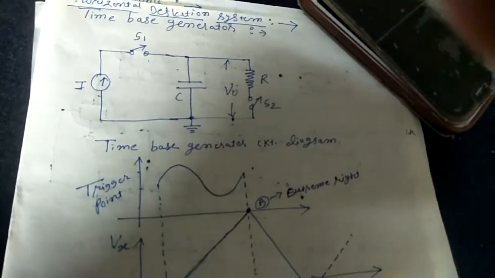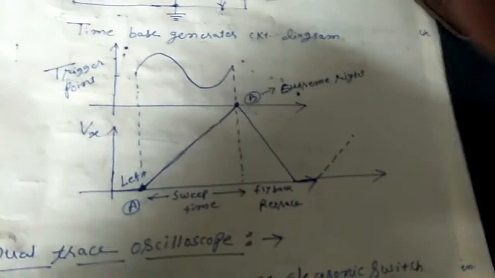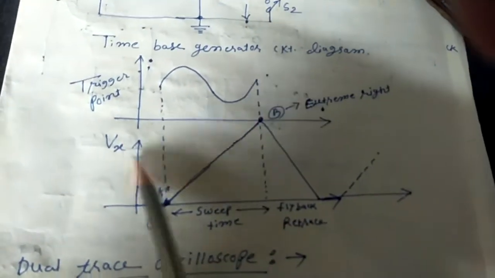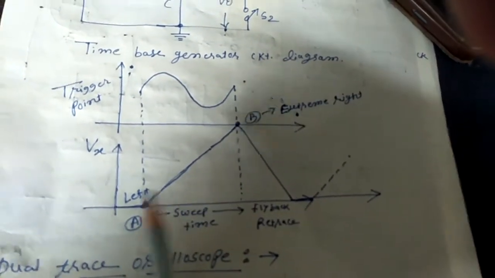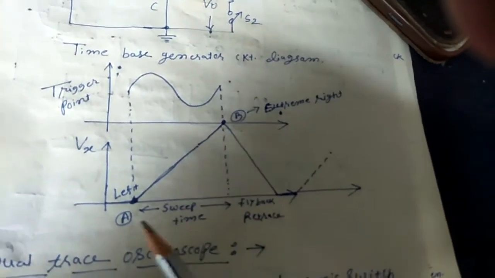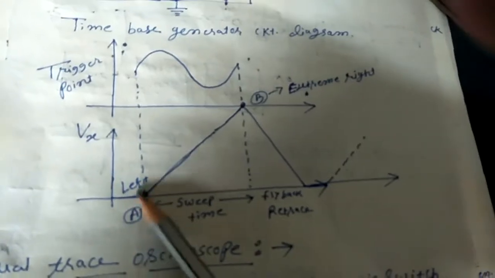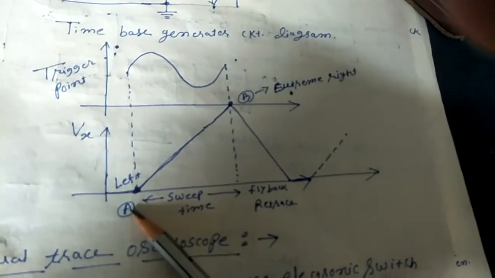Now how will you study from the waveform? What is given in this graph? What does the lower graph show? This is the left extreme point A on the screen.